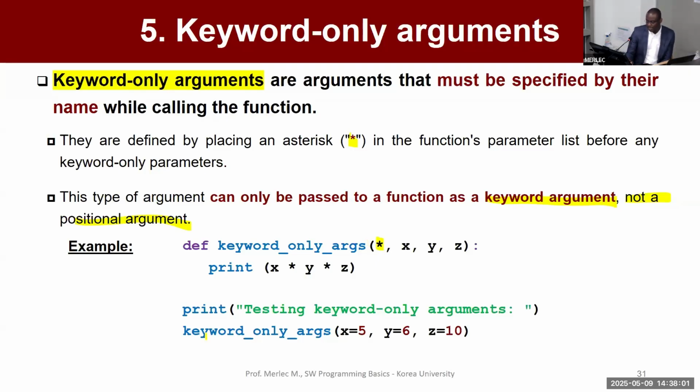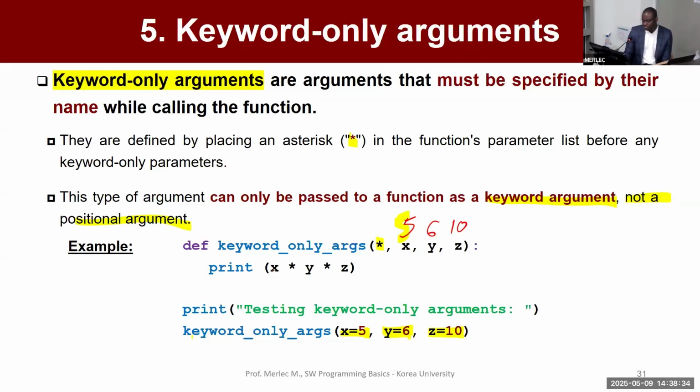So here, when I send the argument value, I use the parameter variable names, like x will be taking the value of 5, y will be taking the value of 6, and z will be taking the value of 10. So they will be received. Here I will have 5, and then here I'll take 6, and then 10.